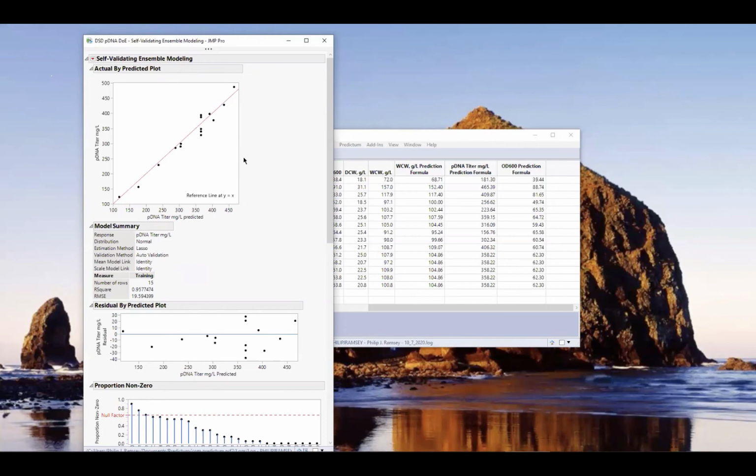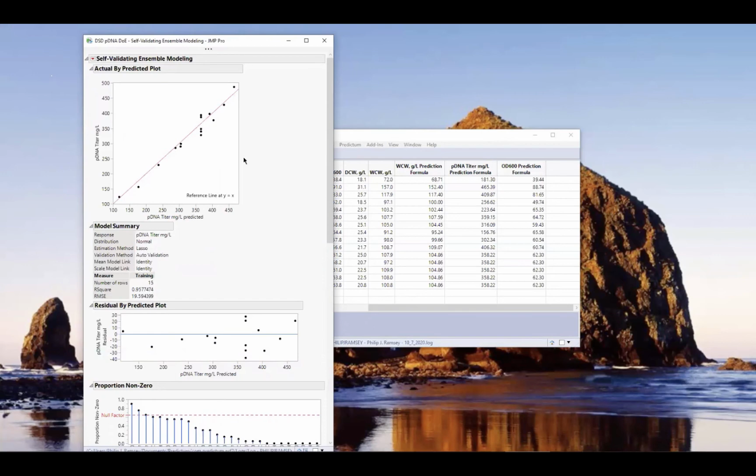I only have 15 observations in my design. So in classic DOE modeling, one could not possibly fit a 40-term model. But using these concepts from machine learning, and that's where ensemble modeling comes from in the S-VEM term, I actually can fit a 40-term model. And as I'm going to show you in a moment, the actual 40-term model I fitted over about 2,500 bootstrap runs actually fits well.